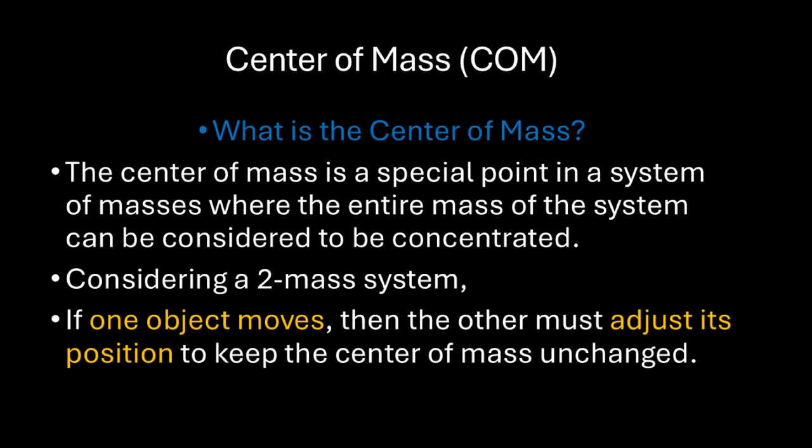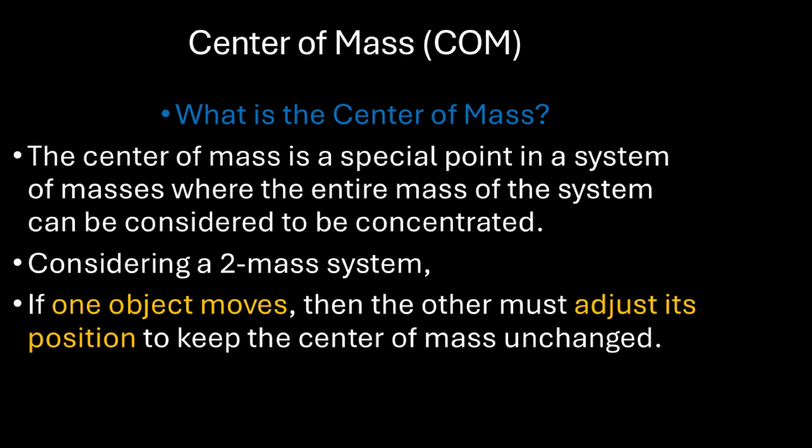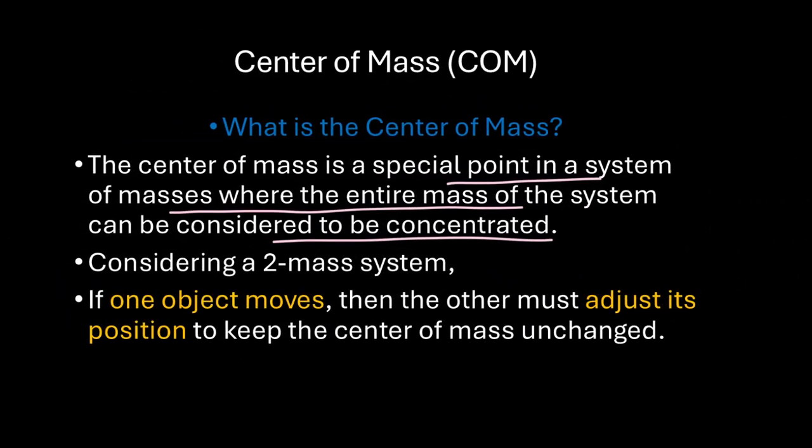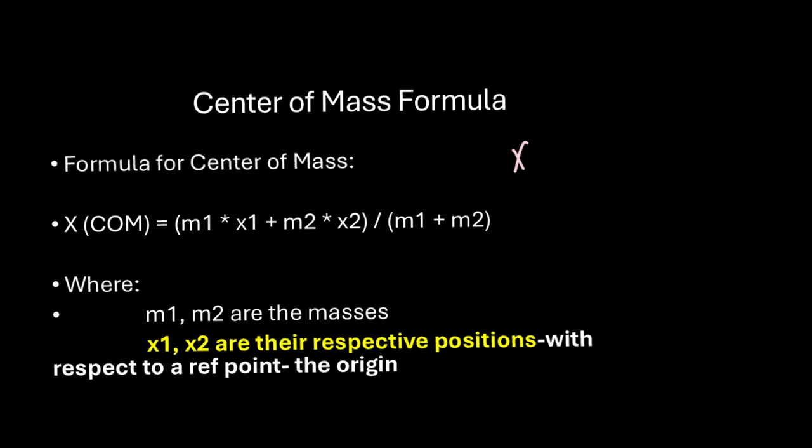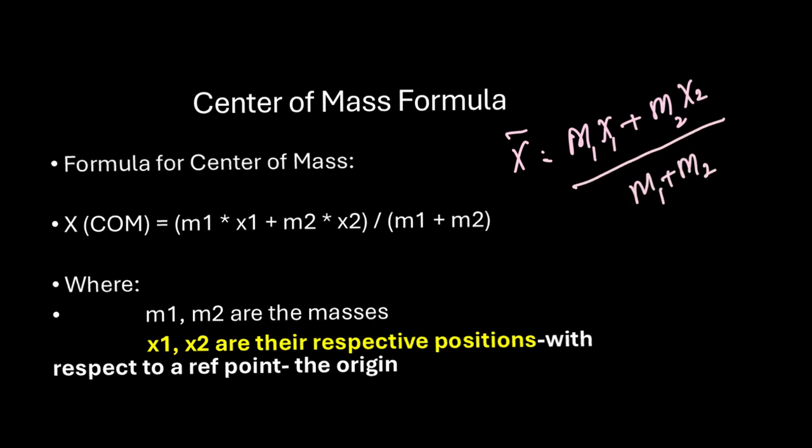So we know that the center of mass is actually a point in a system where the masses of the entire system can be considered to be concentrated. For a two mass system under consideration, we know that the center of mass x bar can be written as m1 x1 plus m2 x2, the whole by m1 plus m2, where m1 and m2 are the respective masses of the first and the second body.